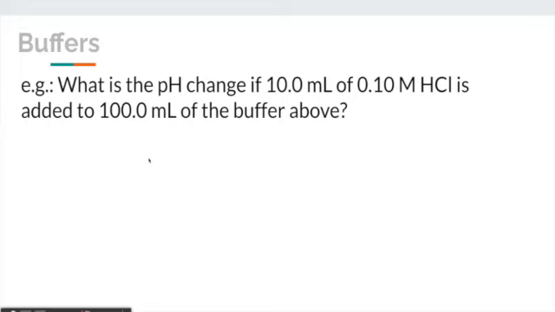In this problem, we're asked, what is the pH change if 10 milliliters of 0.1 molar HCl, so that's the same amount of the same acid, what if that is added to 100 milliliters of the buffer instead of being added to water? So let's set some things up here. One thing we know is this buffer, we just calculated in the previous problems that 3.40 is the buffer pH.